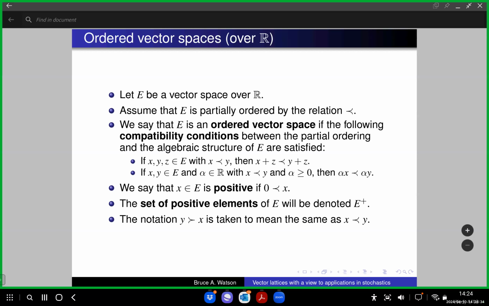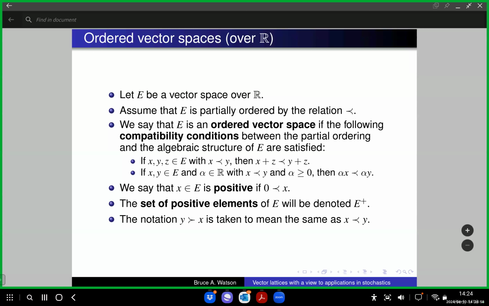So what we require is that if we start off with X, a predecessor of Y, and we add any vector Z, say, to both sides of that relation, we retain that relation. In other words, we get X plus Z as a predecessor of Y plus Z.